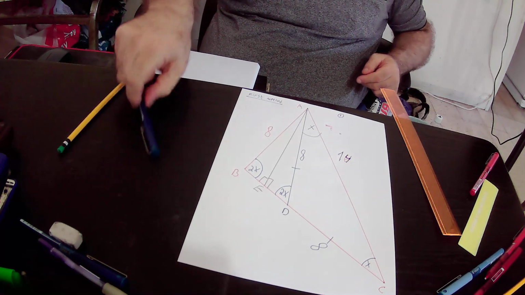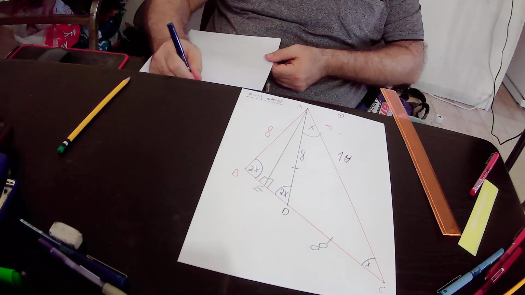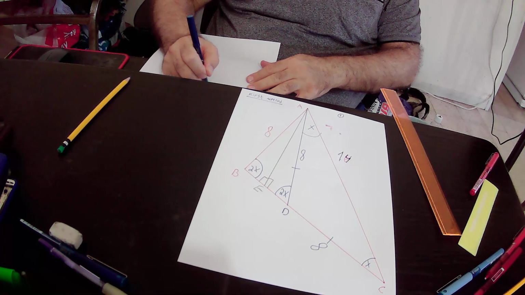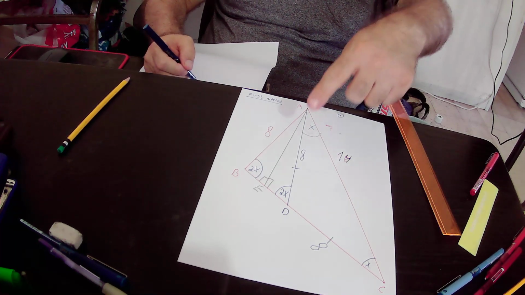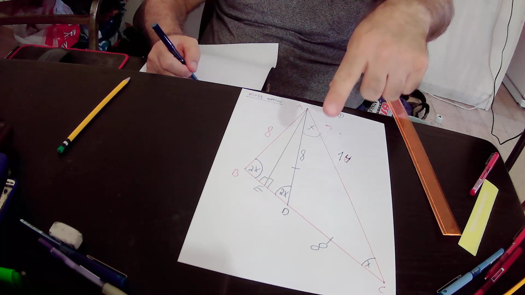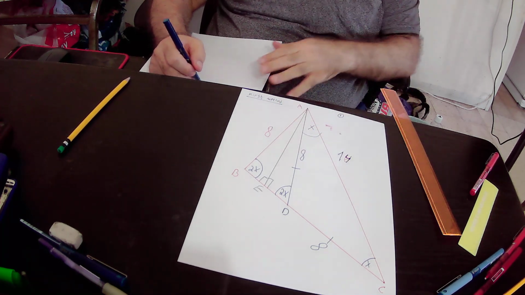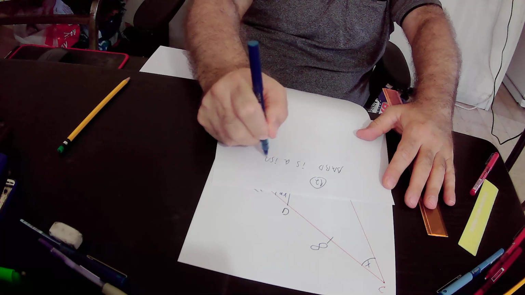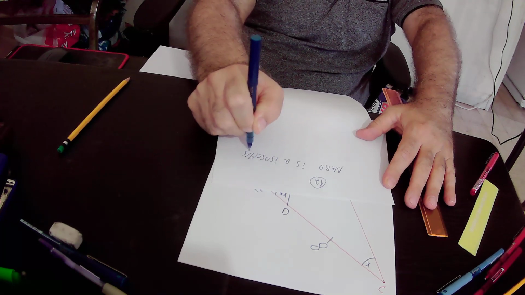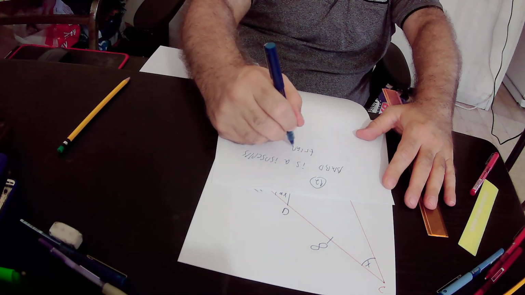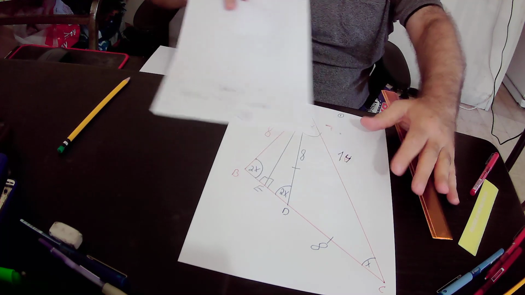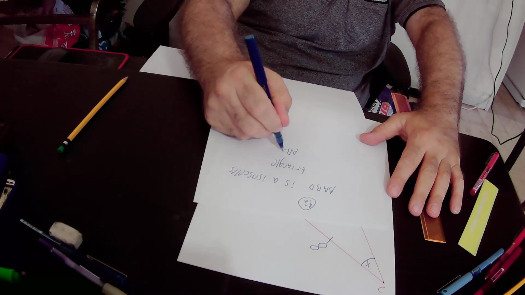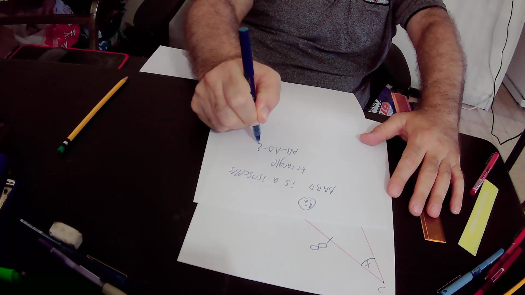Okay, so I write it down. Triangle ABD is an isosceles triangle because of the fact that AB equals AD equals 8 units.